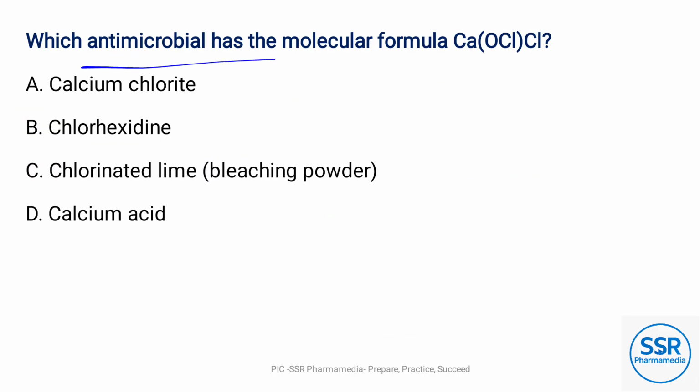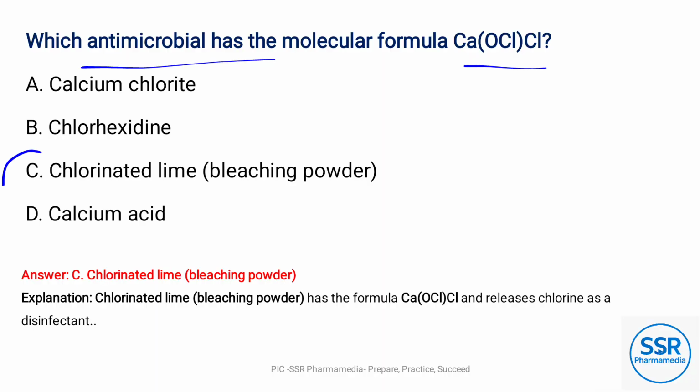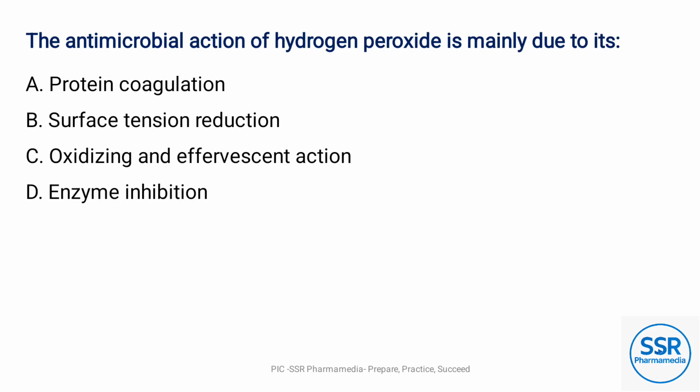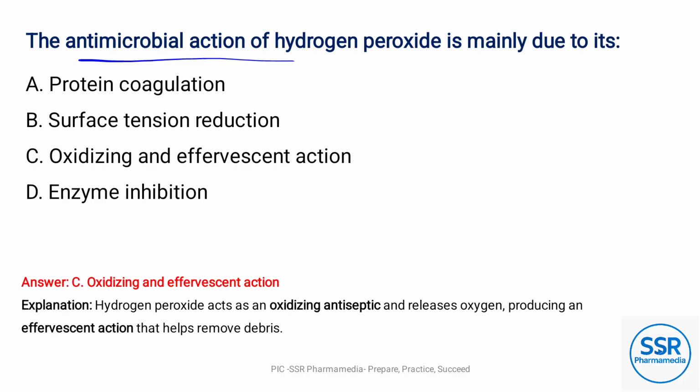Which antimicrobial has molecular formula of CaOCl? So answer is option C, chlorinated lime, also called bleaching powder. The antimicrobial action of hydrogen peroxide is primarily due to its option C, oxidizing and effervescent action.